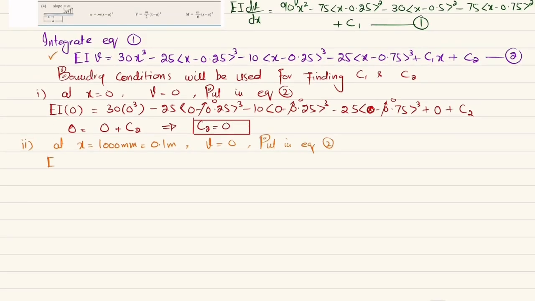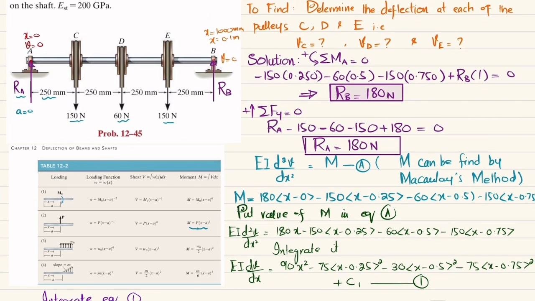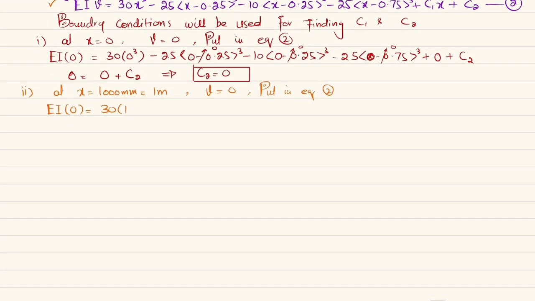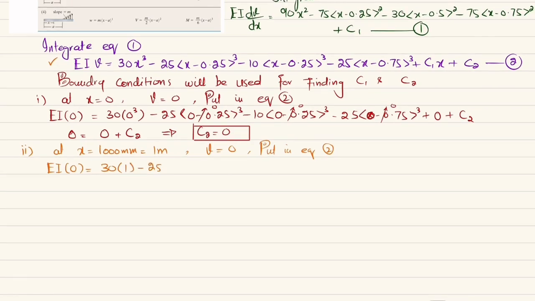So I will write EI into 0 is equal to 30 into 1 cube. Okay, 1000 millimeter is 1 meter. Let me correct it over here. So 30 into 1 minus 0.25 whole cube minus 10 into 1 minus 0.5 whole cube minus 25 into 1 minus 0.75 whole cube plus C1 into 1, which is C1.